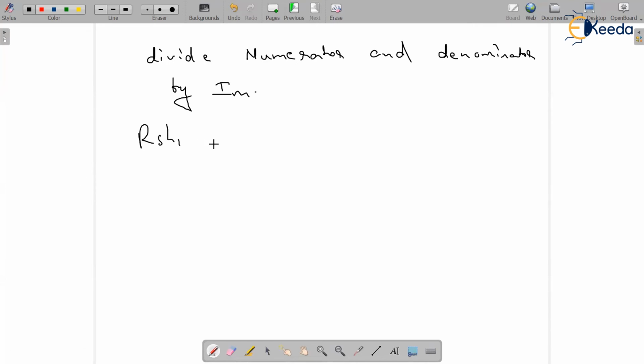So RSH1 is equal to Rm by I1 by Im minus Im by Im.